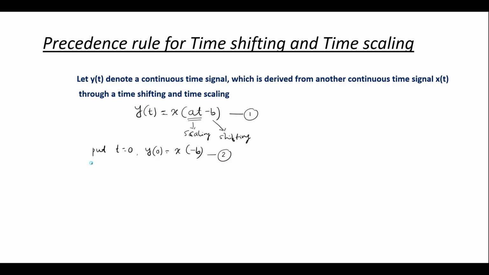Similarly, put t is equal to b by a in equation number 1.